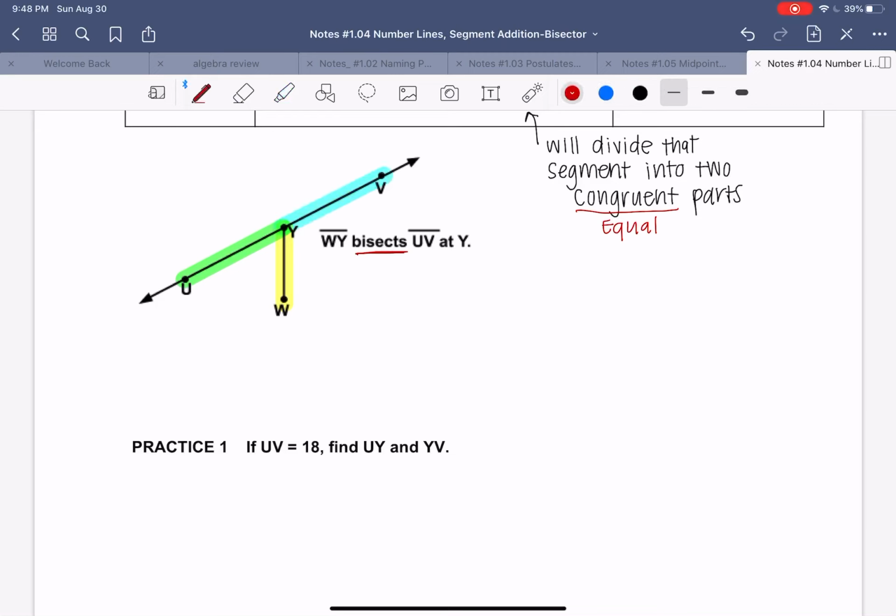They're equal parts. And how you show that they're equal parts is with tick marks. So you'll hear me say this a lot. Those tick marks show congruence.